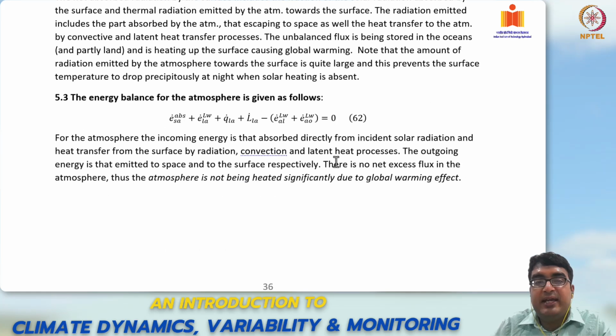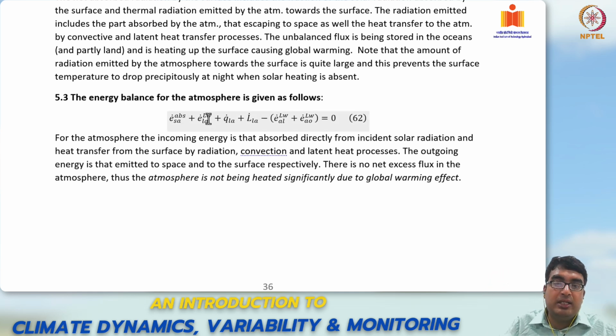Then finally, we have the energy balance for the atmospheric layer itself, which is a thick layer here. E dot solar radiation that is being absorbed by the atmosphere. Here the atmosphere is absorbing some amount of the solar radiation. So, E dot solar radiation absorbed by the atmosphere, E dot long wave radiation coming from land and absorbed by the atmosphere, the convective heat flux from land to atmosphere, and the latent heat transport from land to atmosphere.